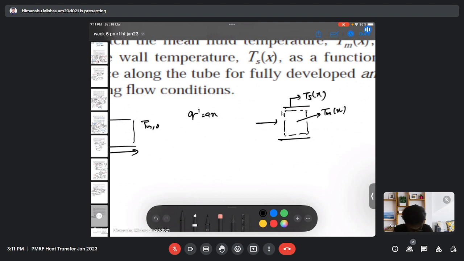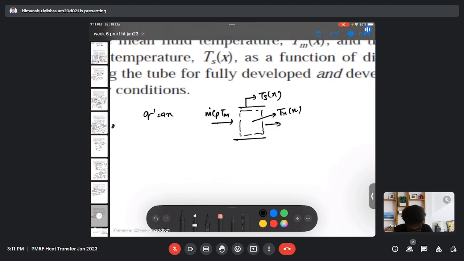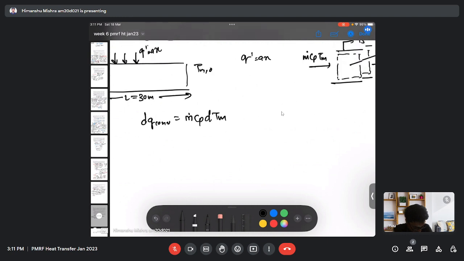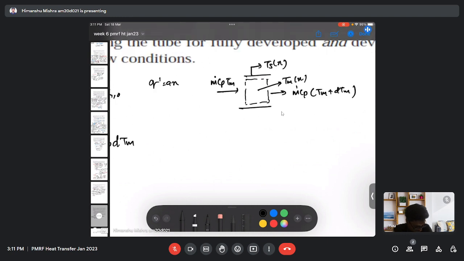Now my heat transfer at the left hand side will be m Cp Tm, and at the right hand side it will be m Cp (Tm + dTm). When we use the energy balance, this is my heat convection. So this will come from the energy balance, basically subtracting the left hand side from the right hand side.